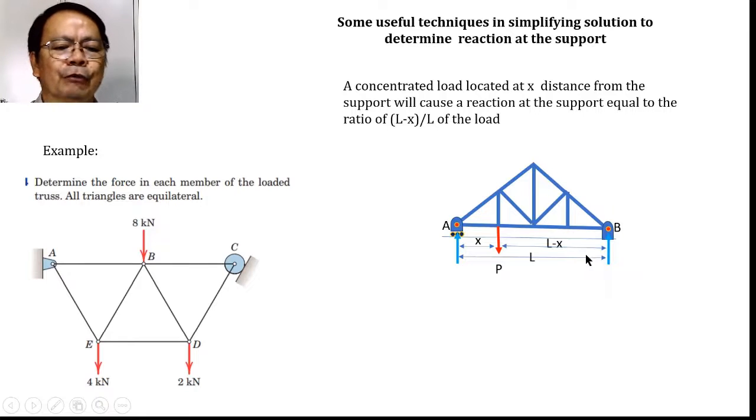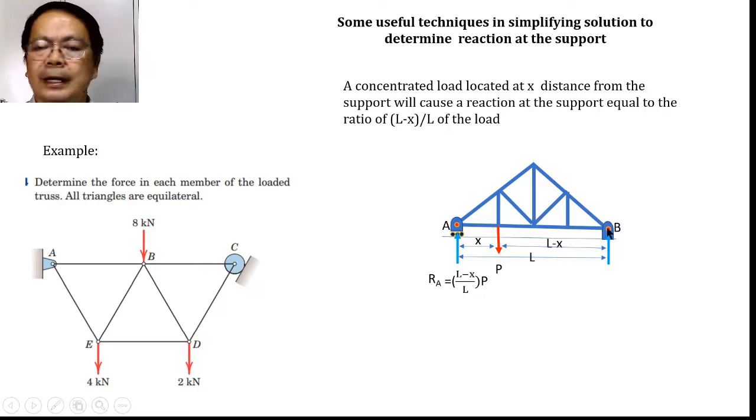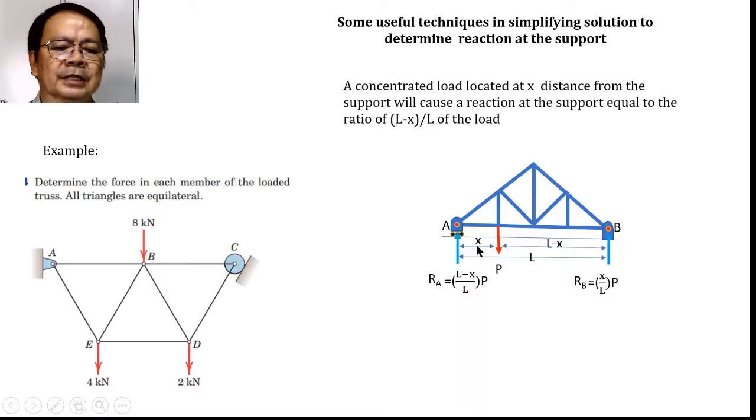Ibig sabihin, yung ratio nitong L minus X divided by L of the P will be carried by A. So, makatuwid, RA natin will be carrying that ratio of L minus X over L multiplied by P. At yung kabila naman, R sub B, will also be carrying the same kind of ratio. Kaya lamang ang ratio naman, yung distance nitong P na ito mula dun sa other support, that is equal to X divided by L multiplied by P.